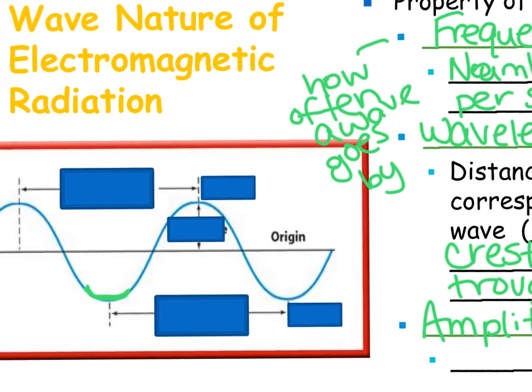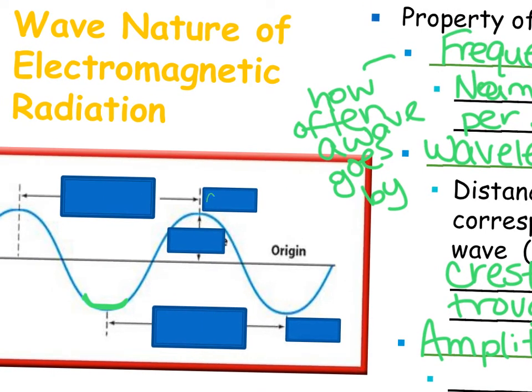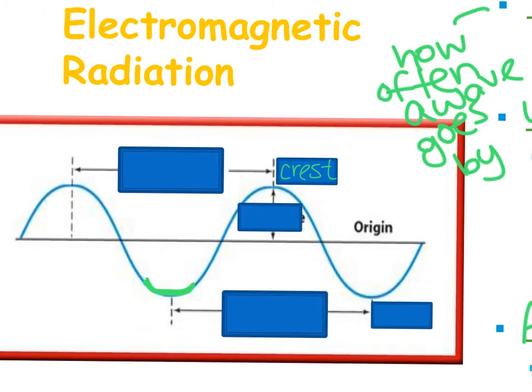So from the top of one crest to the top of the next crest, that's your wavelength. I'm not going to slow down much because this is supposed to be review, since you had homework on it.